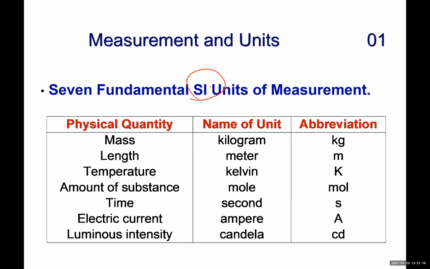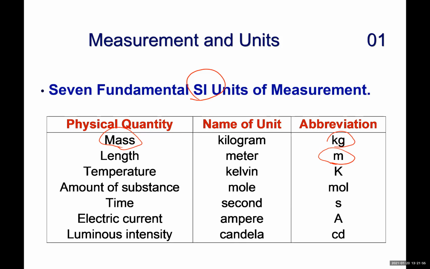So when we talk about this SI unit in measuring the distance, international unit is using meter. So the metric system is international unit. And the abbreviation for meter is m. SI unit, which is Système International in French, which is international unit for measuring the mass.